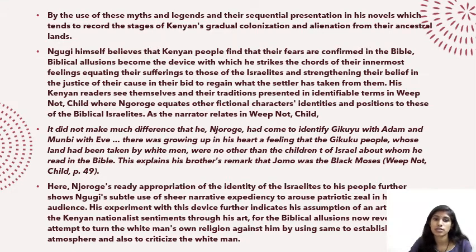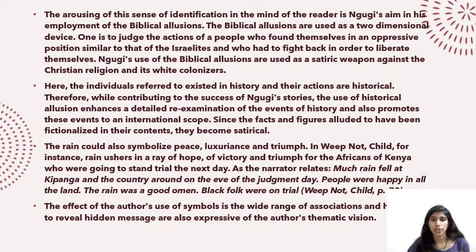His Kenyan readers see themselves and the traditions presented in identified terms in the nutshell, where the author equates other fictional characters, identities, and positions to those of the biblical Israelis. So here, what they mean is that we can see a lot of biblical allusions.